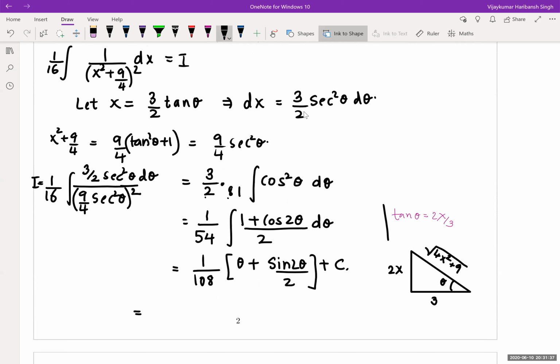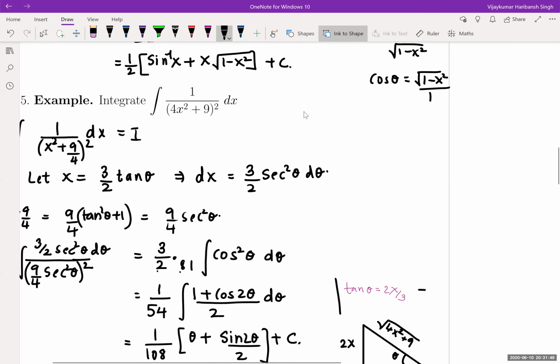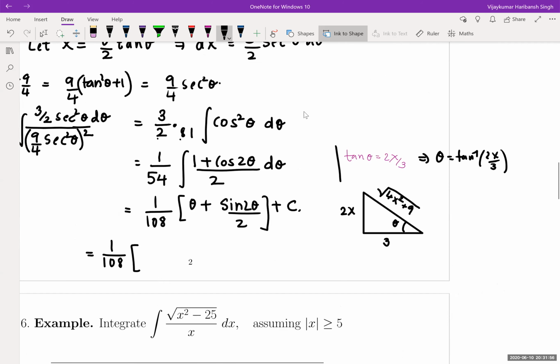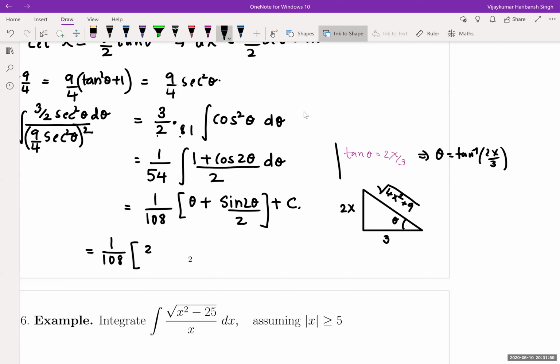So this is going to be 1 by 108. What is your theta? Theta is tan inverse of 2x by 3. So you get tan inverse of 2x by 3 plus, now sine 2 theta by 2 is the same as sine theta cos theta.